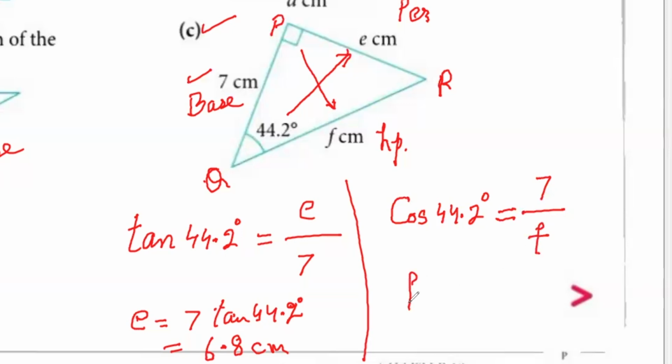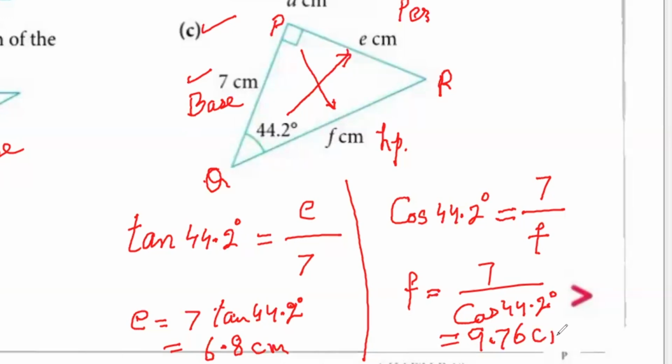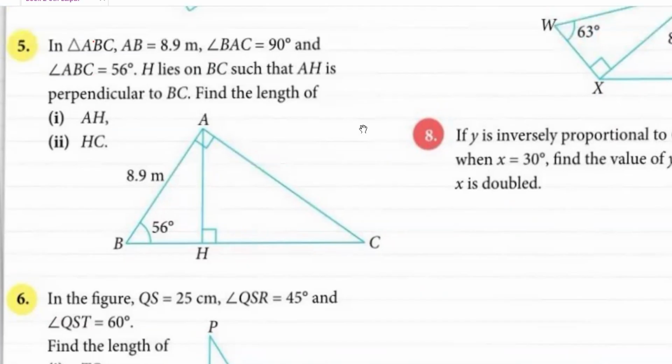So, F is equal to 7 over cos of 44.2 degree, which is 9.76 centimeter. Okay, I'm going to solve question number 5.